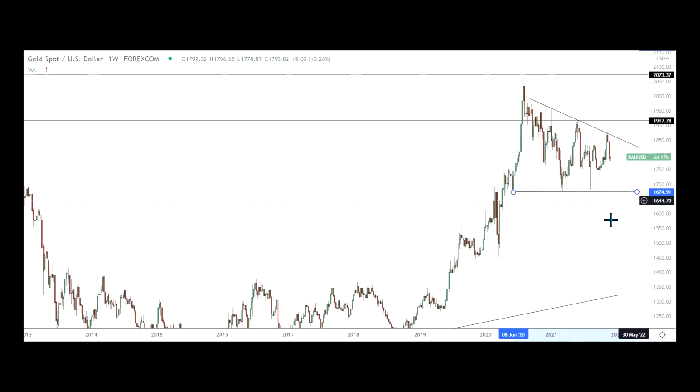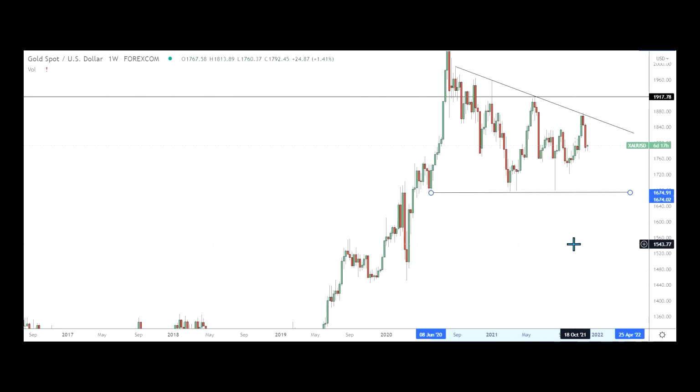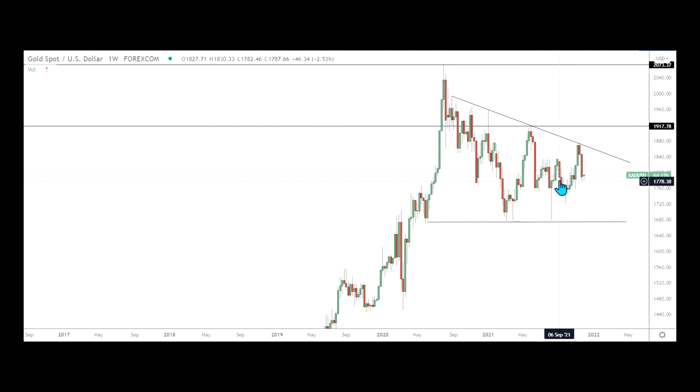So the prospects of gold, just looking purely at the chart, is currently it's trading at about 1792. And in order for this descending triangle pattern to be erased, it has to break this downward trend line here. So break above around 1850, but more likely if it can break this 1917 and then reach all-time highs here, 2073, then gold really has a potential to go much higher.